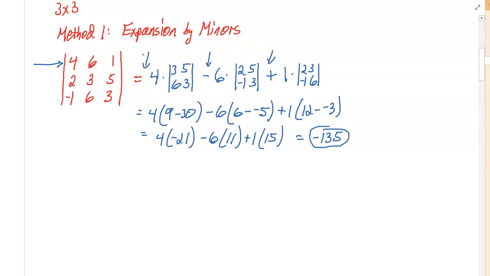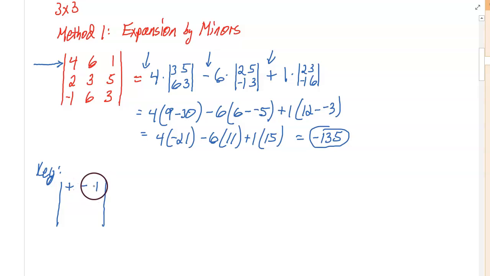I said that you can do the expansion by minors technique using any row or any column. If we hadn't used row 1, then we need to make sure we're using the correct pattern of signs for whatever row or column we're doing. So let's make a key for the pattern of signs. It looks like this.